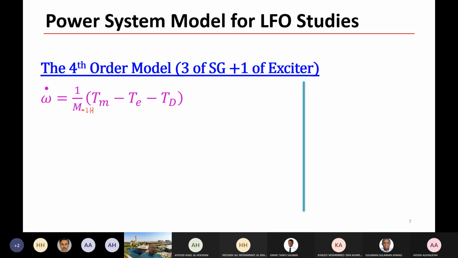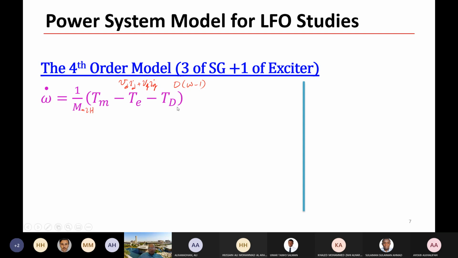Mechanical power, which is considered constant, comes from the steady state operating point. Electrical, which is VD ID plus VQ IQ, minus T damping, if you have any damping coefficient. So damping D times delta omega, which is omega minus 1.